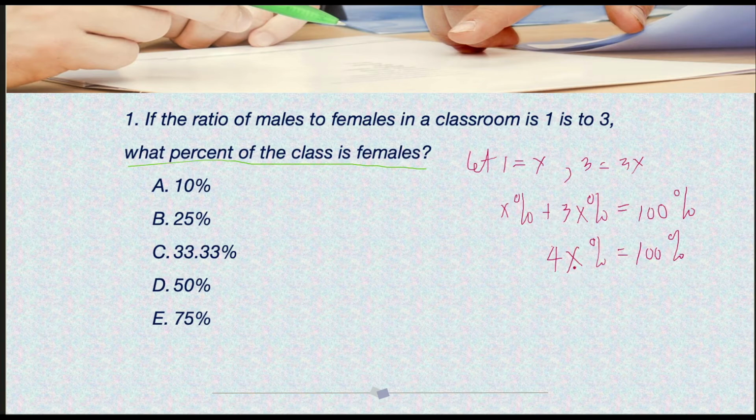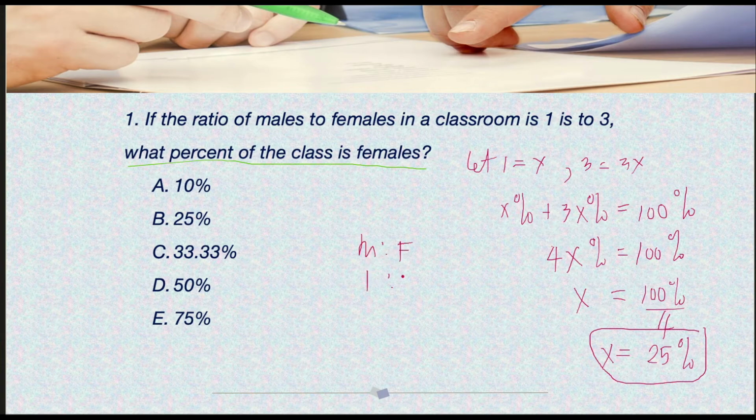So how do we find this x? We can find x by dividing 100% by 4, so the answer is 25%. But wait, 25% is not yet the answer, because what is asked in the problem is what percent of the class is the female group. The ratio given is male to female, 1:3, and one part is 25%.